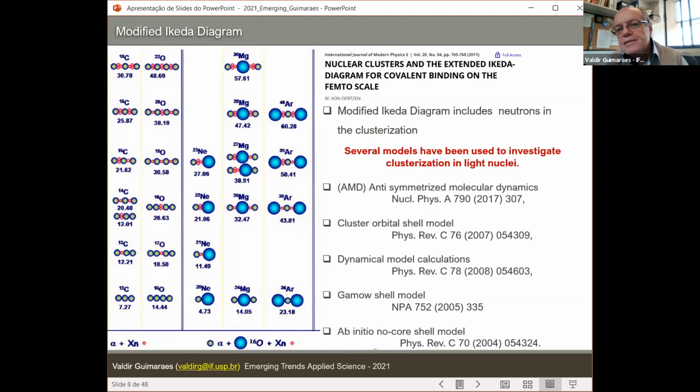I don't know if I can get the spin and parity for these levels, but at least I can get the energy and confirm that there are several new resonances above the carbon plus carbon threshold. So that's what I've been doing. Those are the two lines of investigation I'm working on: one is elastic scattering and fusion induced by exotic nuclei, and the other is spectroscopy for astrophysics interest. Thank you.